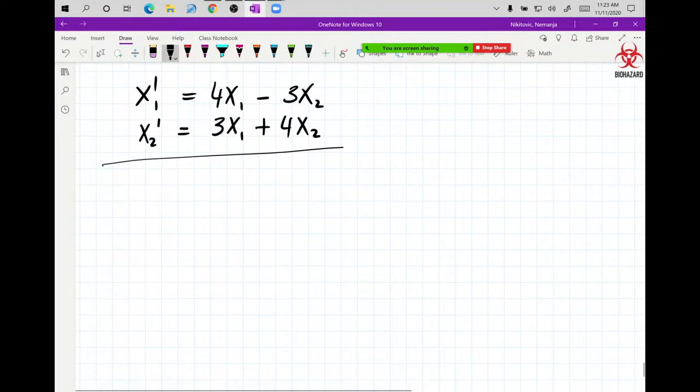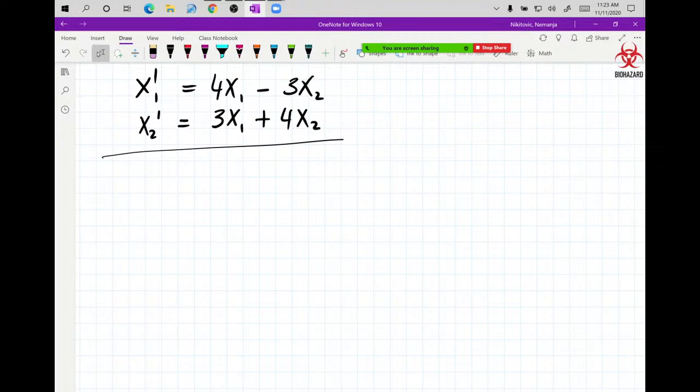So apparently this is a complex problem, and you can't really tell until you do it. So let's figure it out. My form of dx vector over dt is going to be my matrix A, which is 4, negative 3, 3, positive 4, times vector x.